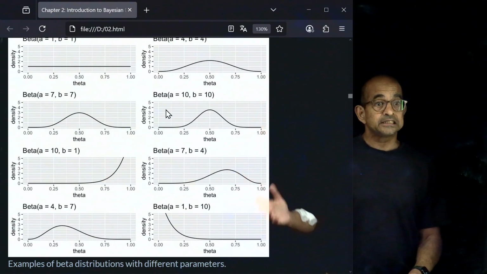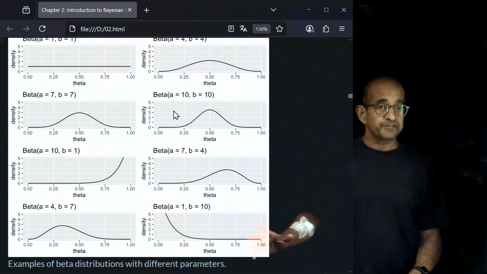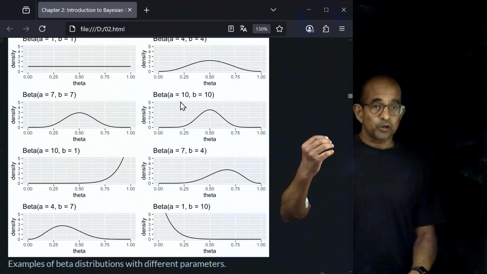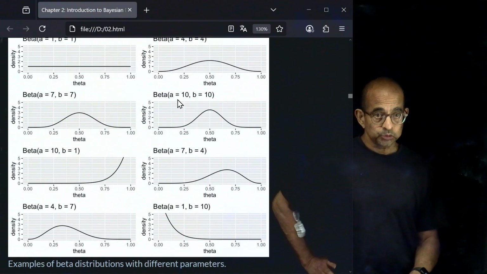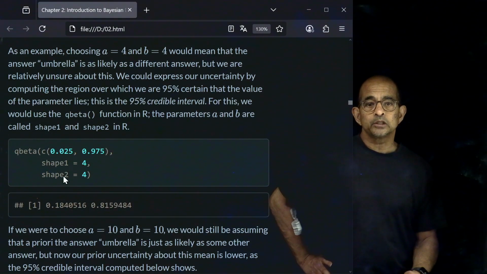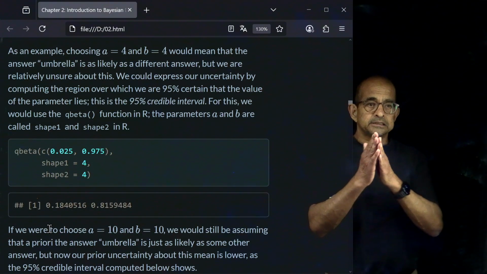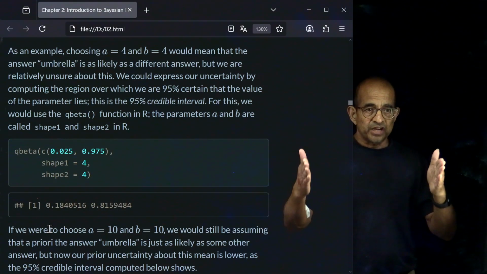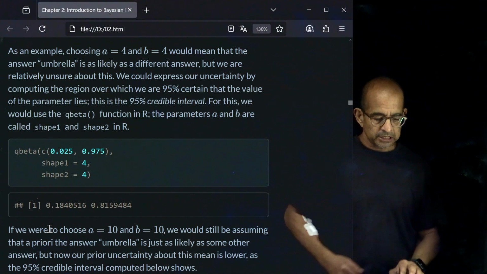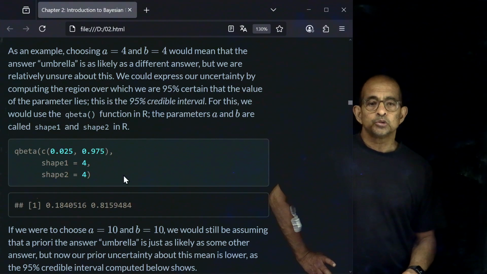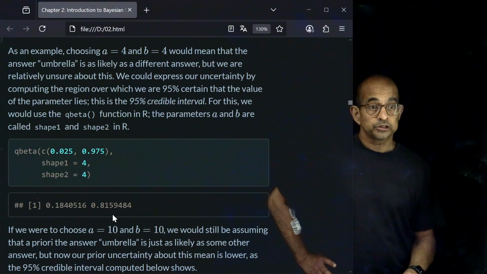And in fact, it's a very good idea to always graphically summarize them, to eyeball the distribution to see if it's a plausible distribution that you can use as a prior. But one can quantify that by just computing the 95% credible interval for a particular prior distribution that you might be interested in using, to understand what the range of plausible values are that you're assuming for that parameter.